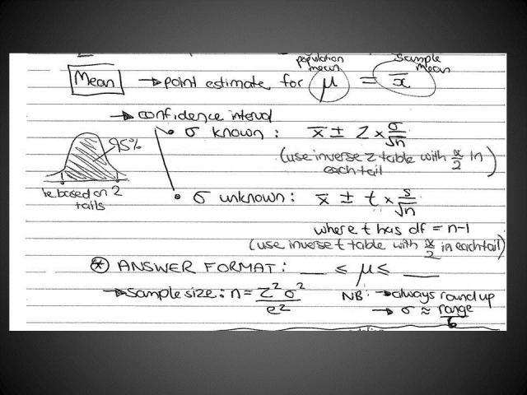So a few adjustments to make, and that also is telling us that it's very important when you're doing a question involving means to think carefully about whether the problem gives you information about sigma, whether it's known or unknown. It's the same in real life. You have to really think about whether you have that information or not, so that you then use the appropriate formula.